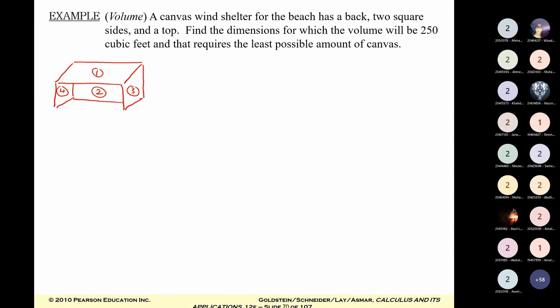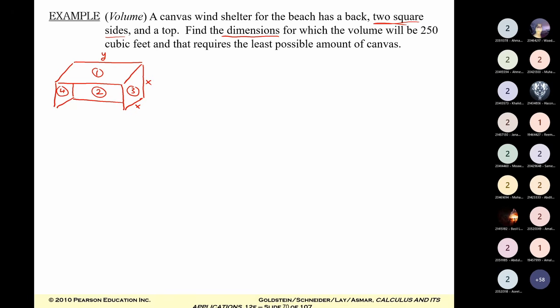Now, 2 square side, this means we have x and x because this is the side square. الجناب اليمين واليسار square، يعني الطول والعرض x. أما عرض الخيمة فراح تكون مثلا y. نقول لي find the dimension.